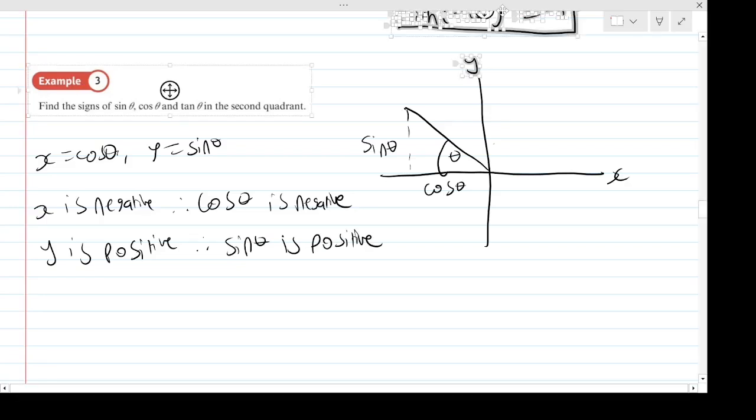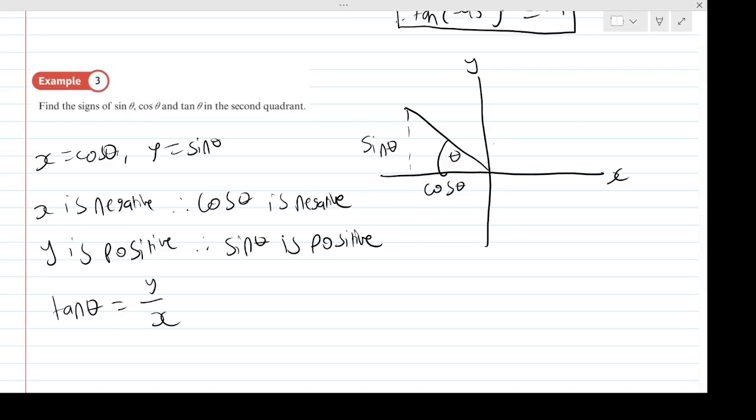But we also know that tan is y over x, or the opposite over adjacent of our triangle. Okay, but we discussed that y is positive and x is negative. So what we are doing then is dividing a positive number y by a negative number x, right?